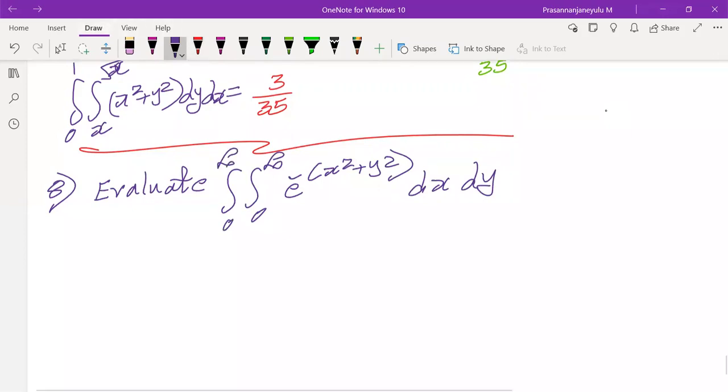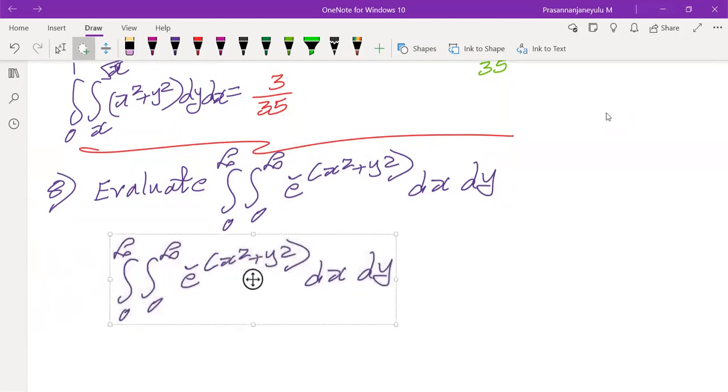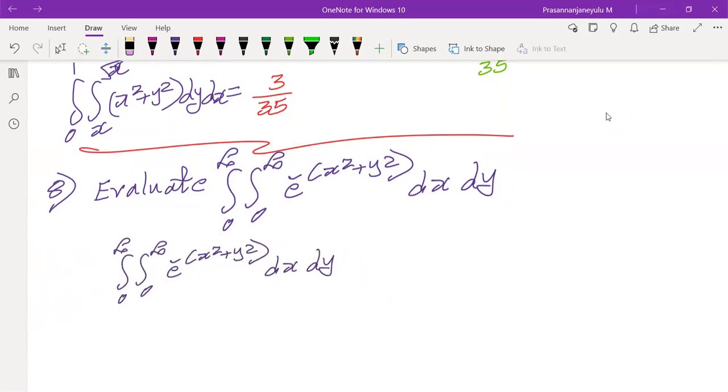Now, if we take this integration, what does it look like? You learned in your LAC subject one concept, beta and gamma functions. I don't know how many of you remember.